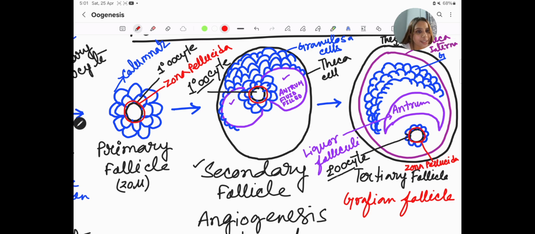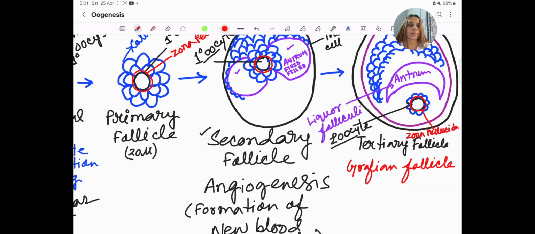The secondary oocyte is generated after the completion of the first meiotic division. So we can write here: completion of meiosis 1, and it completes only before the onset of ovulation.